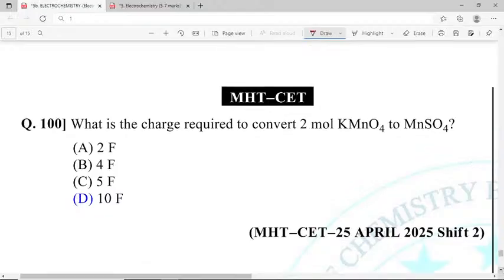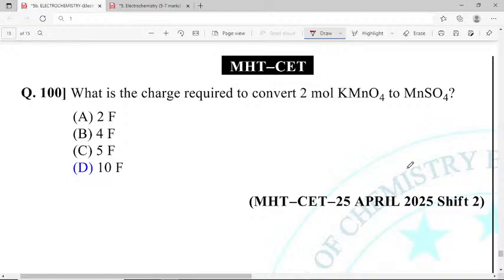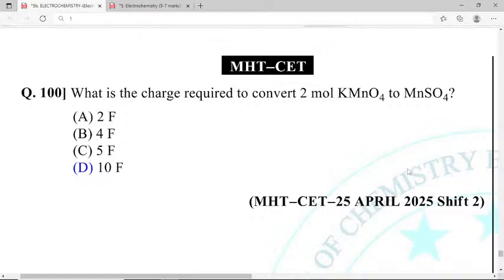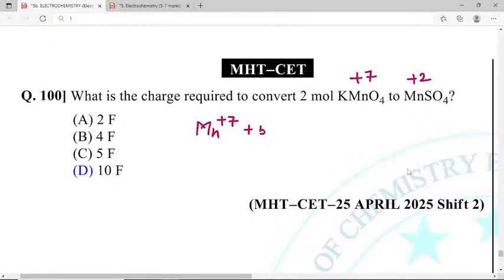Okay, next question. What is the charge required to convert 2 mole KMnO4, plus 7 to plus 2? Plus 7 to plus 2. So Mn7+ plus 5 electrons gives Mn2+.